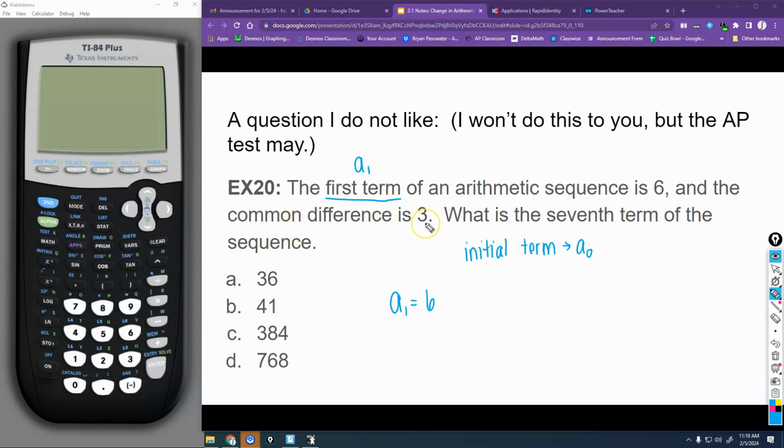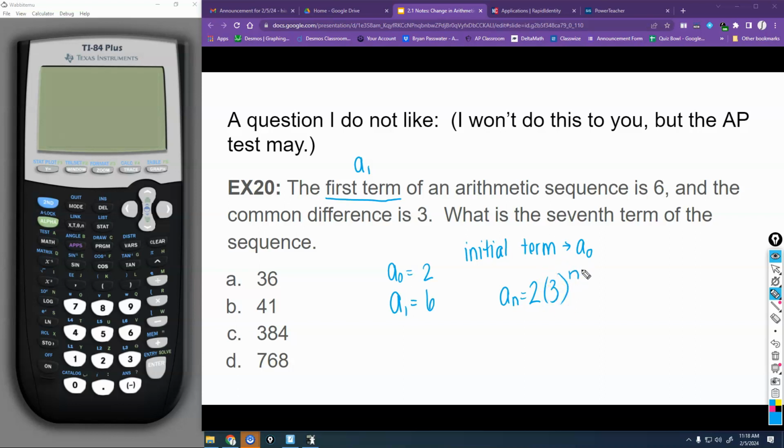Common difference is 3. So if my common difference is 3, that means I'm multiplying by 3, right? What would a sub 0 be? It is 2, because to go backwards, I divide by 3, right? So if I want to write this equation, a sub n would be the initial, which is 2, times 3 to the n power.